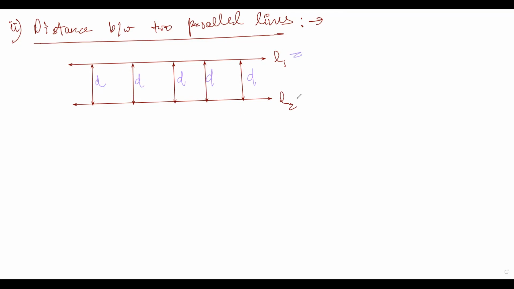Now, if the distance is the same, hence the direction is the same. So this is a line which is passing through some point A1, with lambda times some vector. Then this line will be passing through some other point A2, but with the same direction.